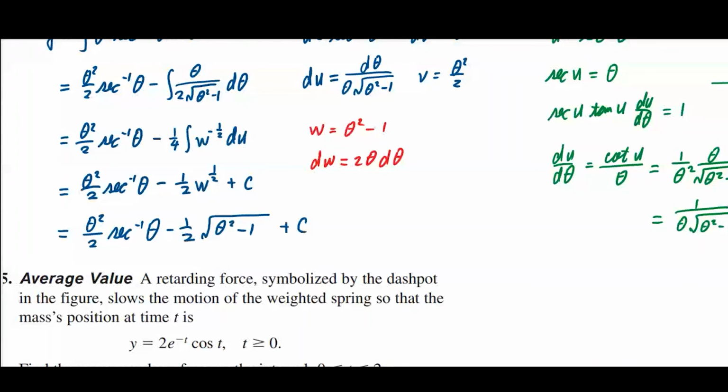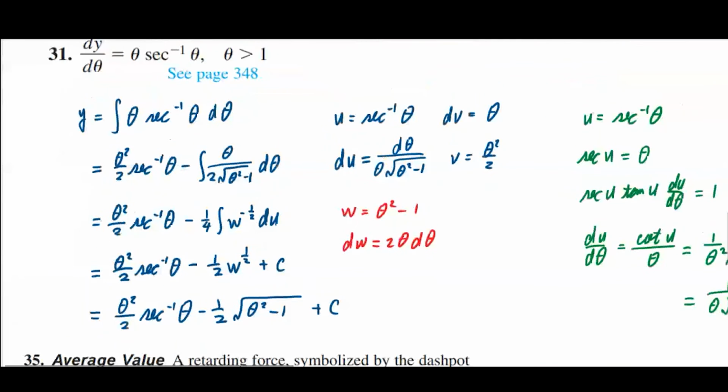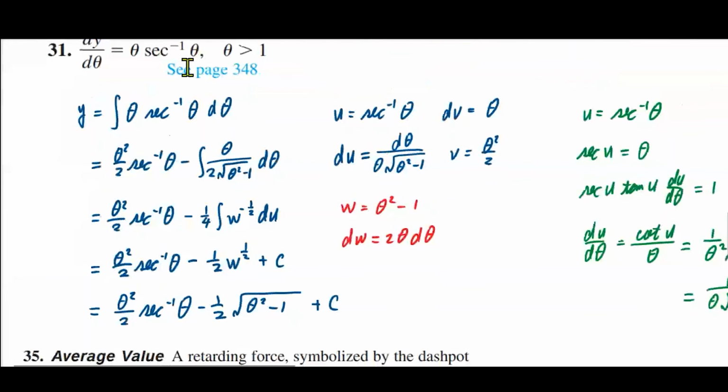Oh my God, that was hideous, wasn't it? And that is still being nice because they gave us this condition, theta is positive. If they didn't give us this, then you have to have case 1, case 2, a whole lot of mess. Good.